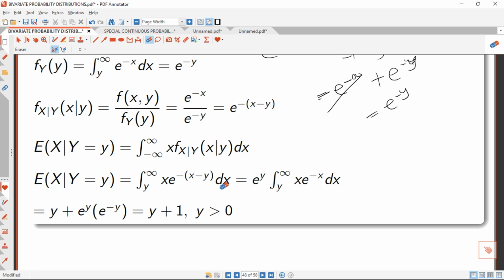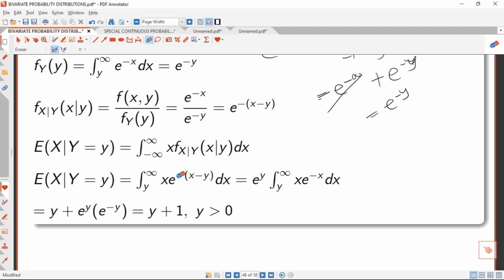Once we have this, we can just remove the e raised to the power y out, because it's a constant when we are integrating with respect to x. So we can just move it out.